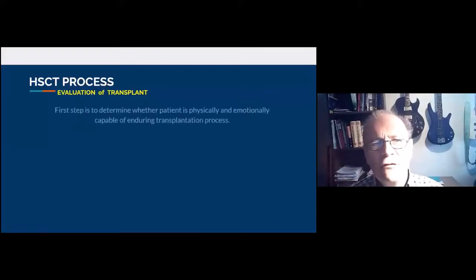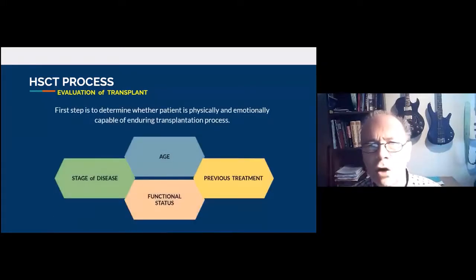Well, the evaluation of transplant is so important. The first step is to determine whether the patient is physically and emotionally capable of enduring the transplantation process. We have to know the age, the functional status, the stage of disease, and previous treatment of our patients.